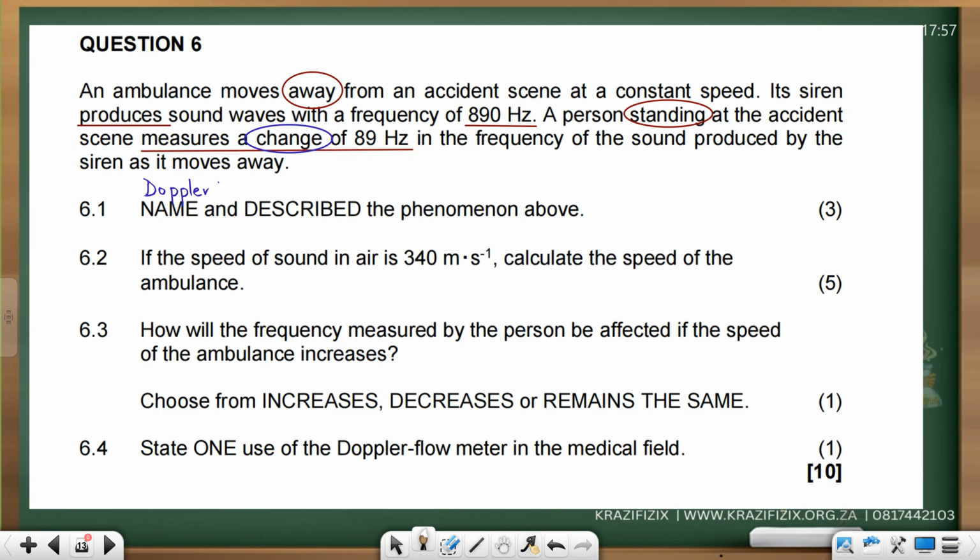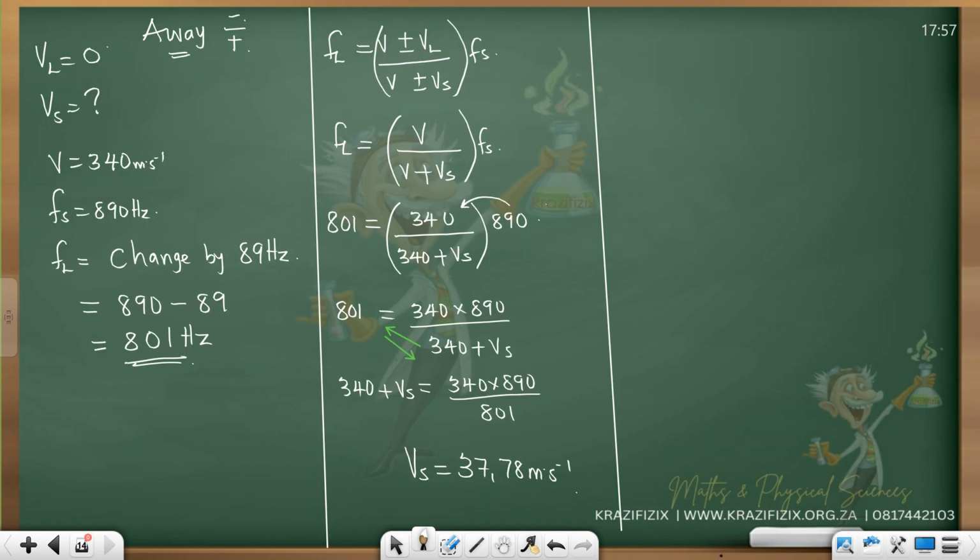5 marks. How will the frequency measured by the person be affected if the speed of the ambulance increases? You don't need to stress if you already know the speed here.